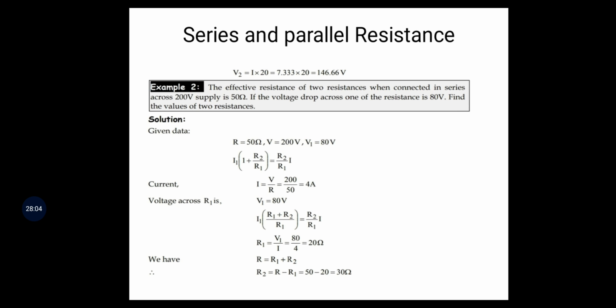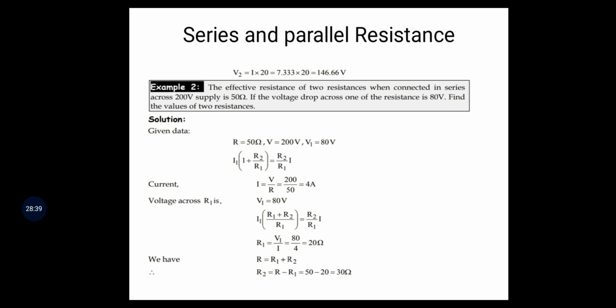Here they have given the total resistance R equals 50 ohms, the total applied voltage V equals 200 volts, and V1 equals 80 volts.